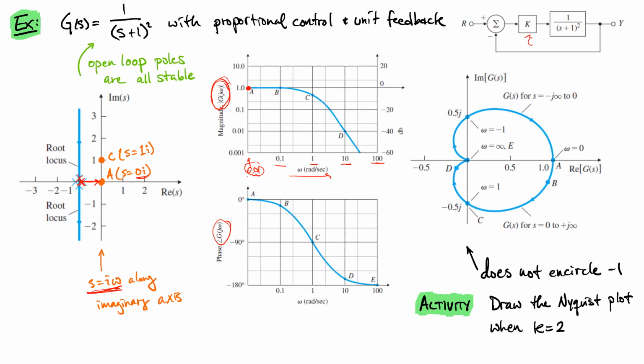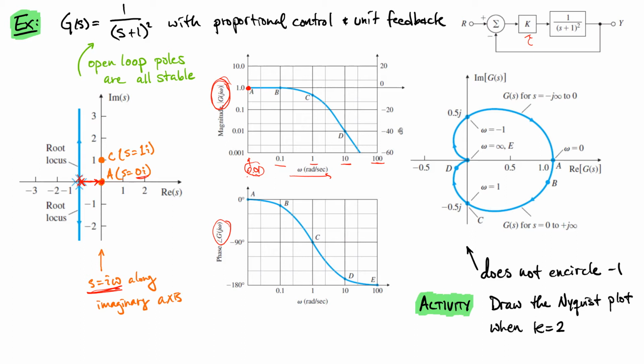Now if we look at the angle that these poles make to point at this point along the imaginary axis, s equals 0i, this angle is 0. In this case the phases add, so the cumulative angle from the poles is 0 plus 0, because both of them are at the same spot.